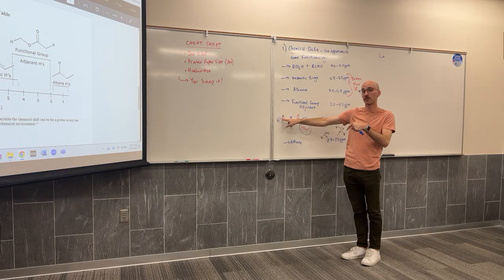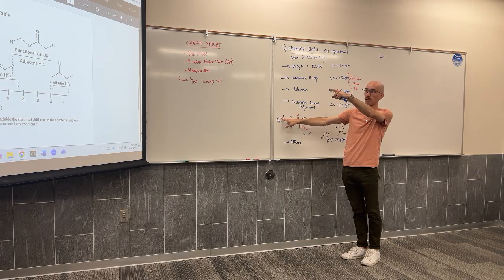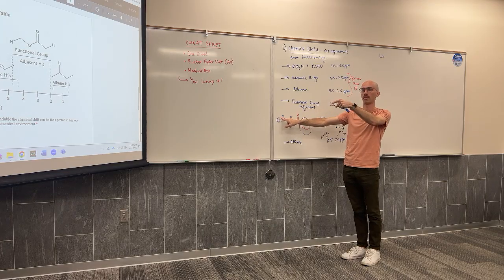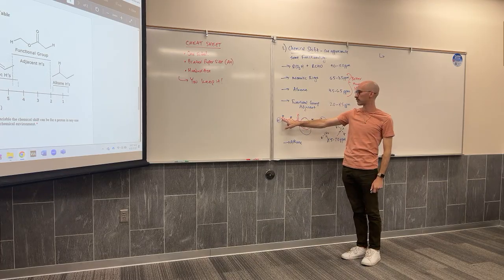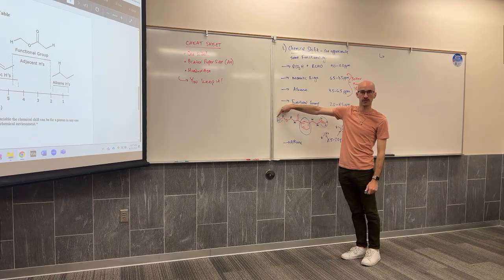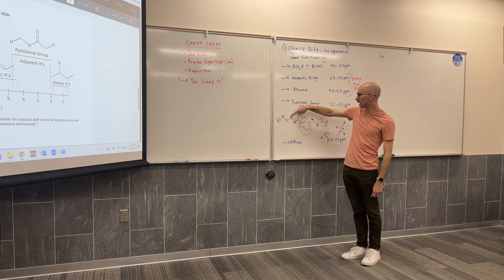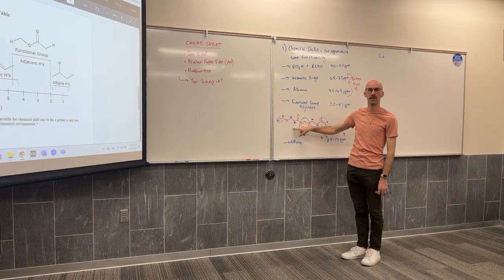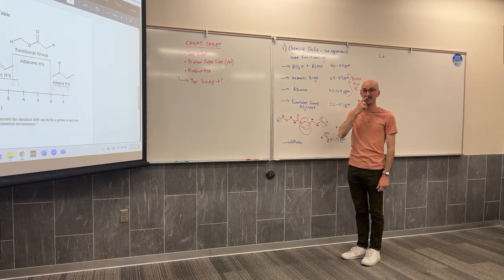They're in a similar chemical environment, where the hydrogens are all bonded to a carbon bonded to O. But this CH2 group is adjacent to a CH3 as well, and this CH2 group is adjacent to the CH2 of a ketone. So their signals will be similar, but not the same.